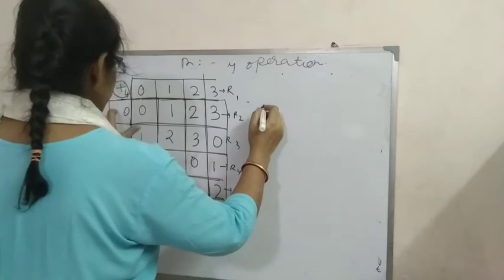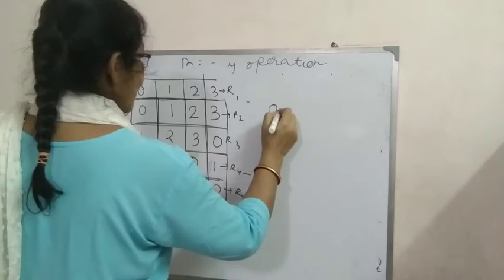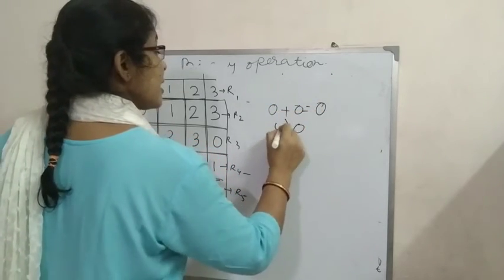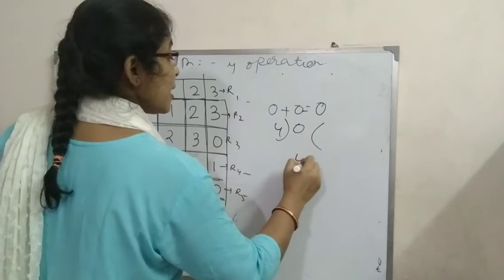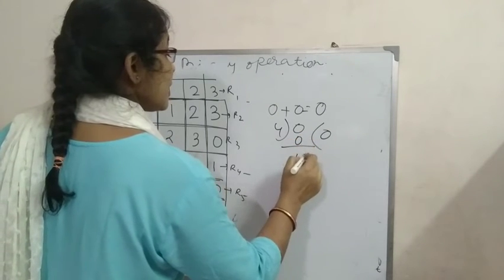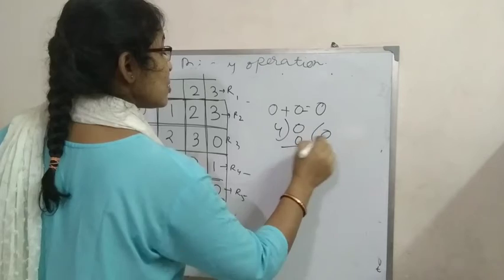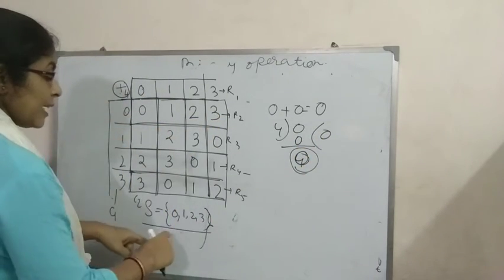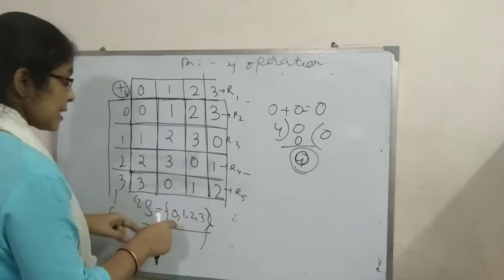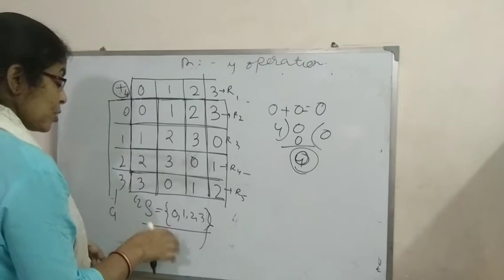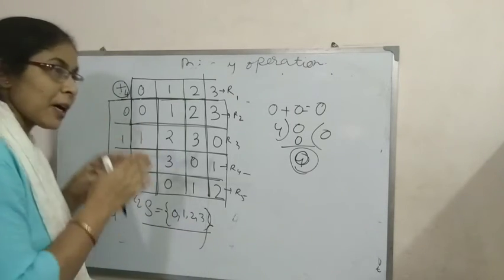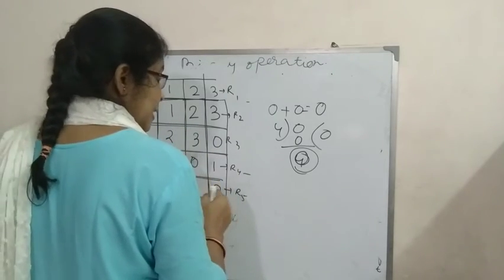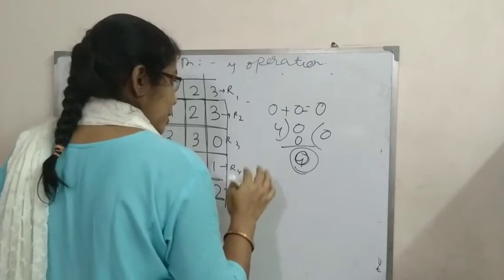Closure property means 0 plus 0 is equal to 0, and 0 divided by 4 gives remainder 0. All elements of the composition table, 0, 1, 2, 3, are elements of the set, that is, the binary operation holds in the table, which means the closure property holds.